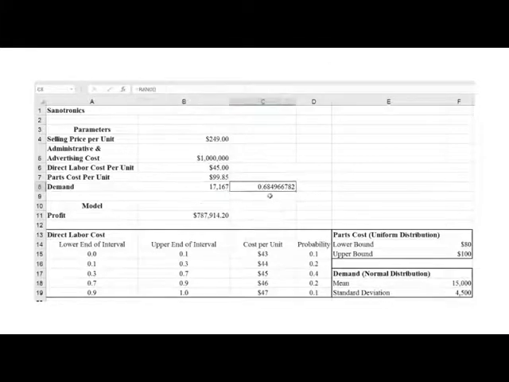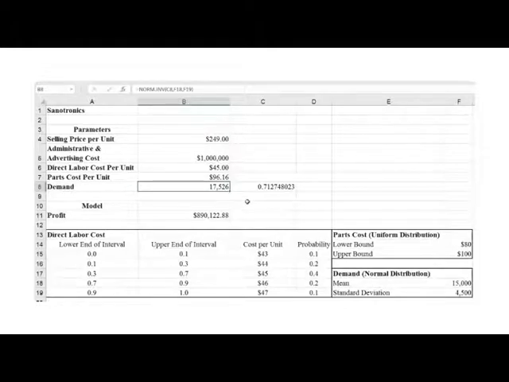We see that in this normal distribution with a mean of 15,000 and standard deviation of 4,500, 68.497% of the values are smaller than 17,167. So the random number generated directly results in the normal random variable in cell B8.